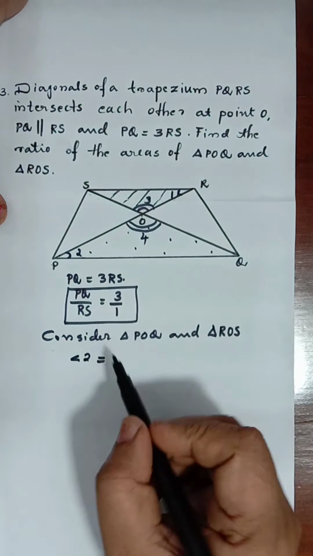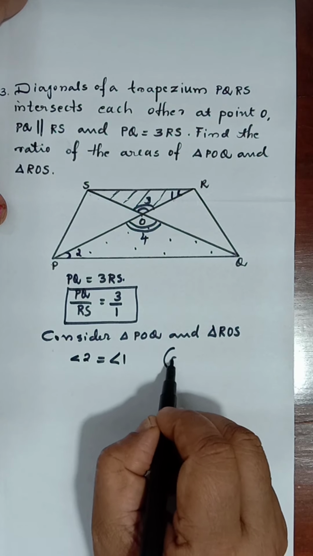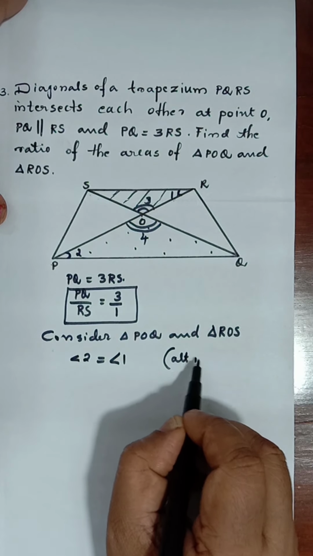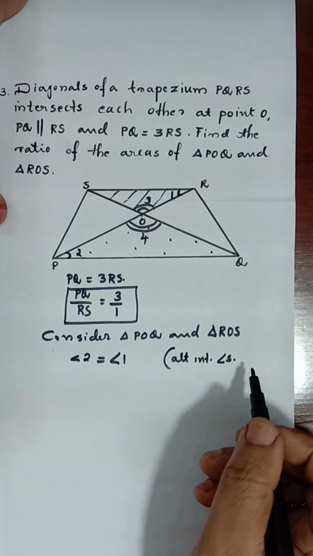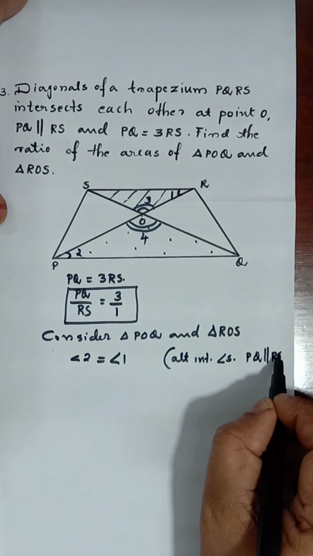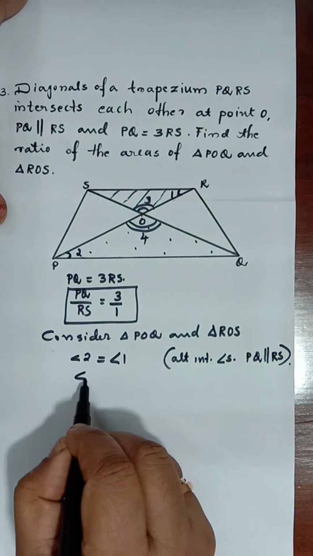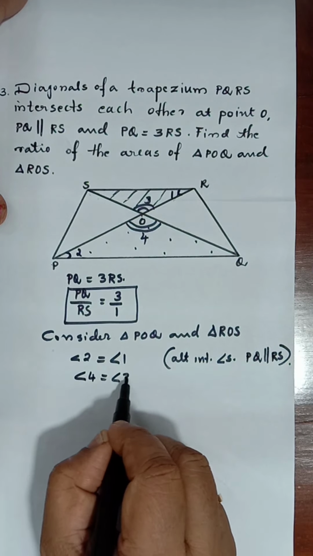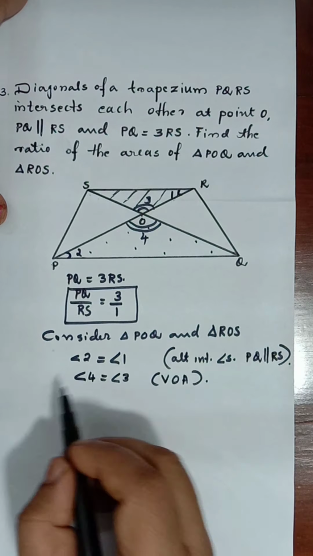The reason is alternate interior angles, and also PQ is parallel to RS. And then angle 4 is equal to angle 3, vertically opposite angles.